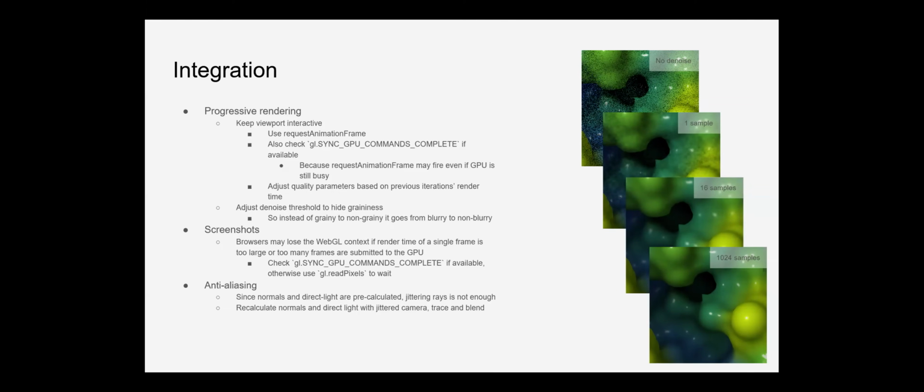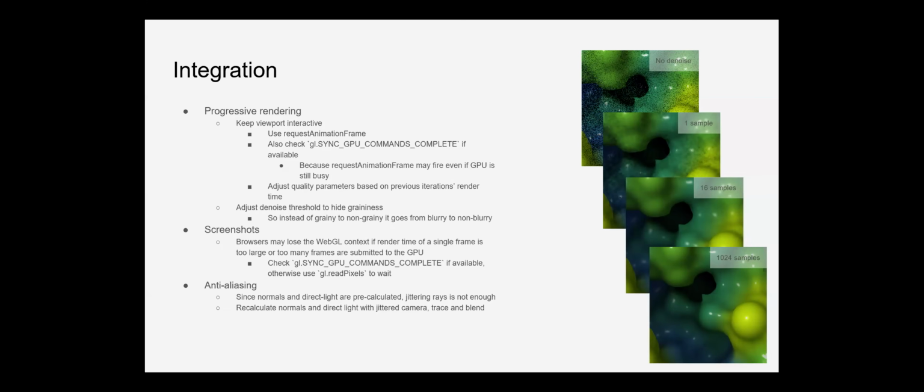Of course we use request animation frame, but in WebGL 2 we also check if the GPU is done rendering all the commands we send it, because we found that request animation frame sometimes fired even if the GPU was still busy, which wasn't what I expected, but you can get around that. And then we also see how long a frame took, and adjust a few parameters to scale from a beefy desktop to a laptop.